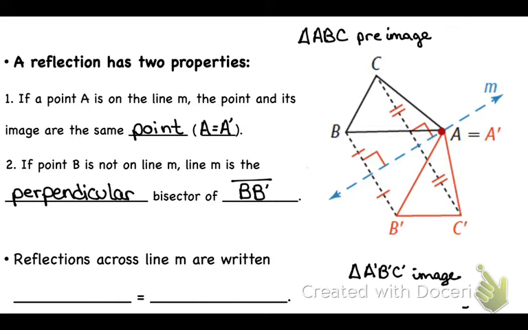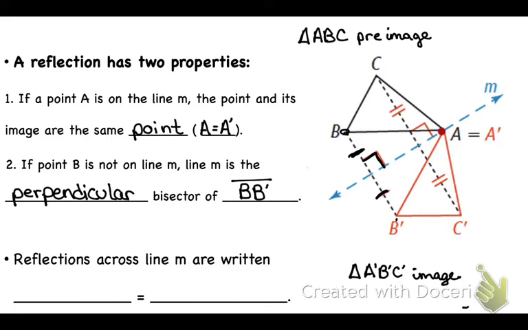So we need to review what perpendicular bisector means. Okay, perpendicular means M and B B prime meet at a what angle? 90 degrees, right? Bisect means that each piece is cut in half.